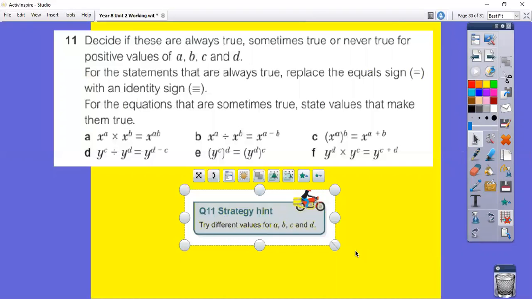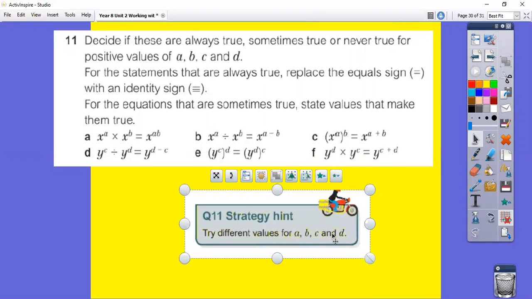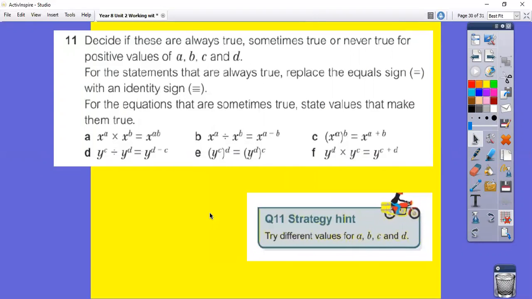So the strategy for this question is try different values for A, B, C, and D. So I would suggest you might want to use a calculator with these, put some numbers into your calculator, see what answer you get to be able to decide if they are identities or equations. Again, go look back at the examples we've done, look at the PowerPoints I've uploaded to help you figure these questions out.